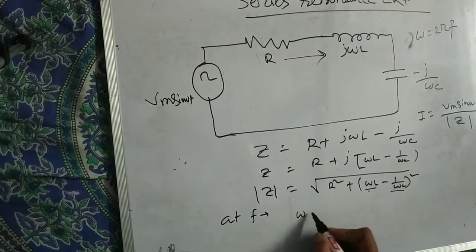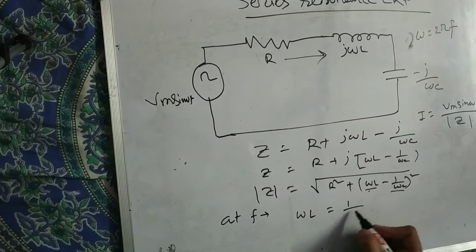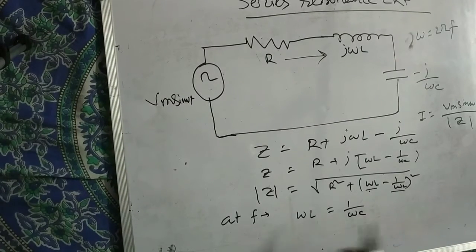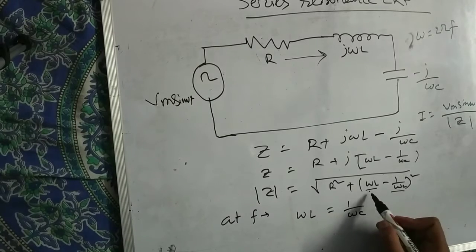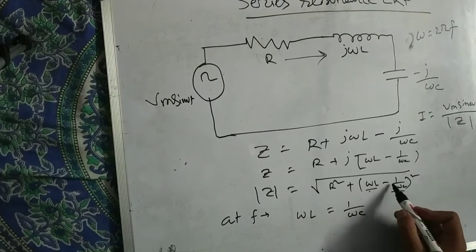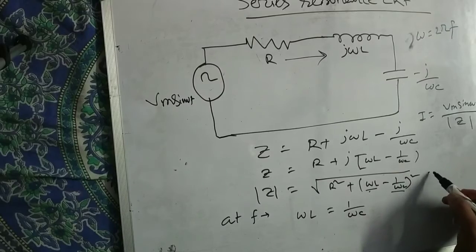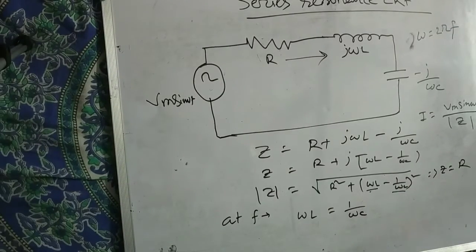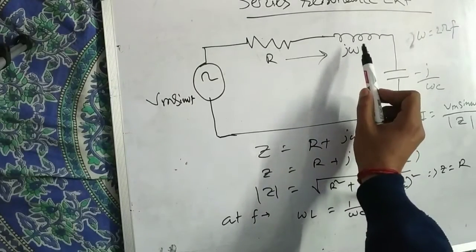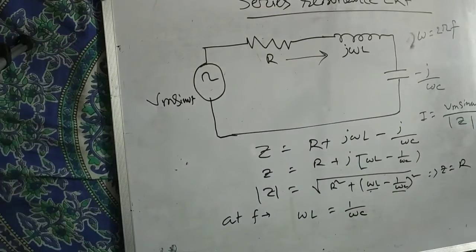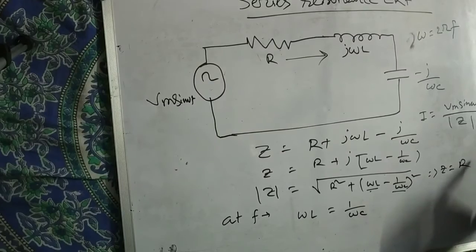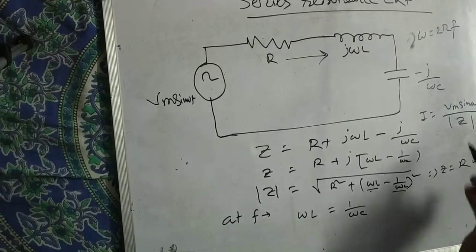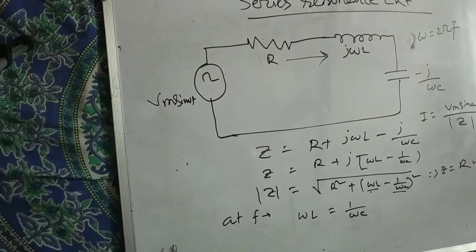So omega L equal to 1 by omega C. At this condition, this impedance term, omega L minus 1 by omega C, will be 0. So the net impedance of the circuit is the resistance R. In the circuit inductance is present, capacitance is present, but you are getting a pure resistive load. That condition is called resonance condition.